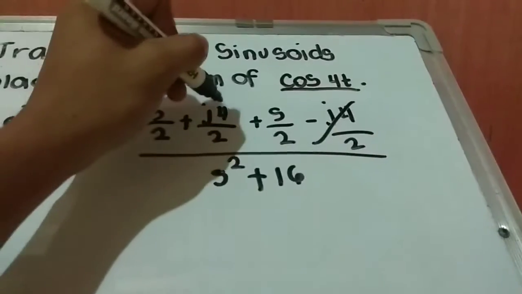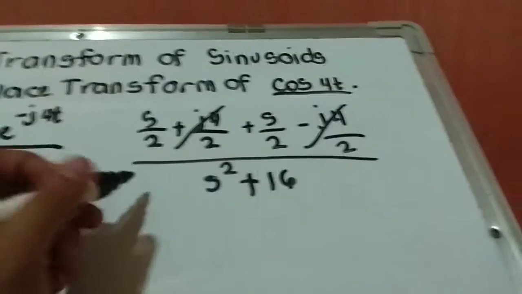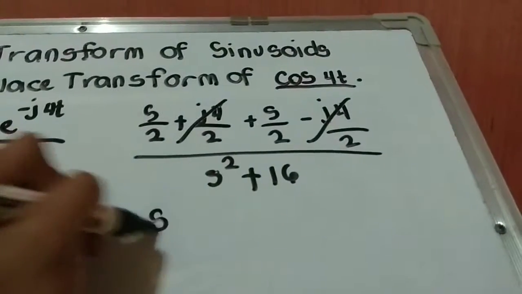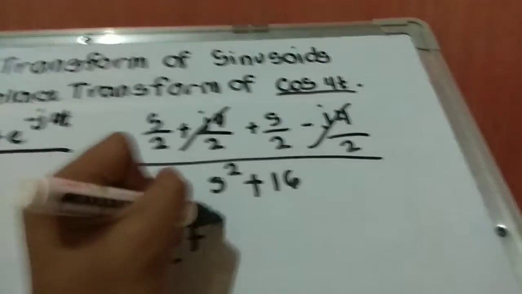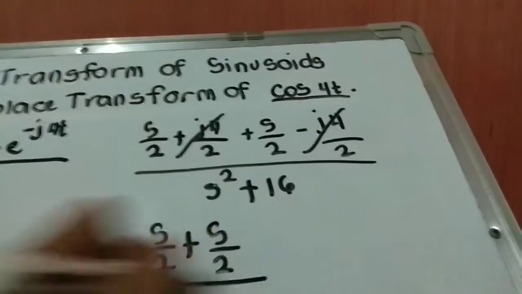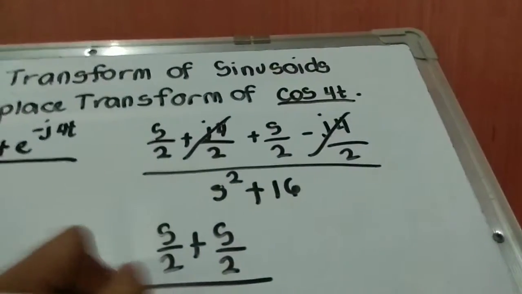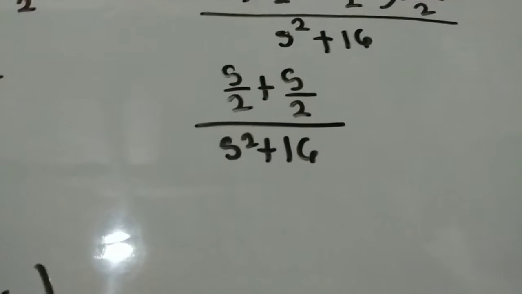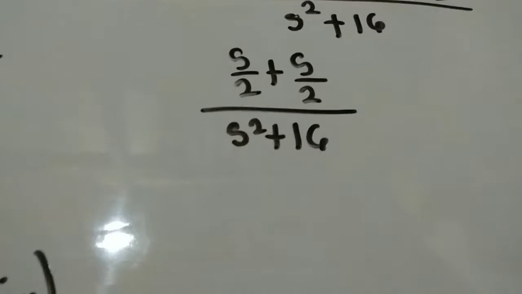Cancel. So the remaining is s over 2 plus s over 2, all over s squared plus 16. s over 2 plus s over 2 is equal to s.